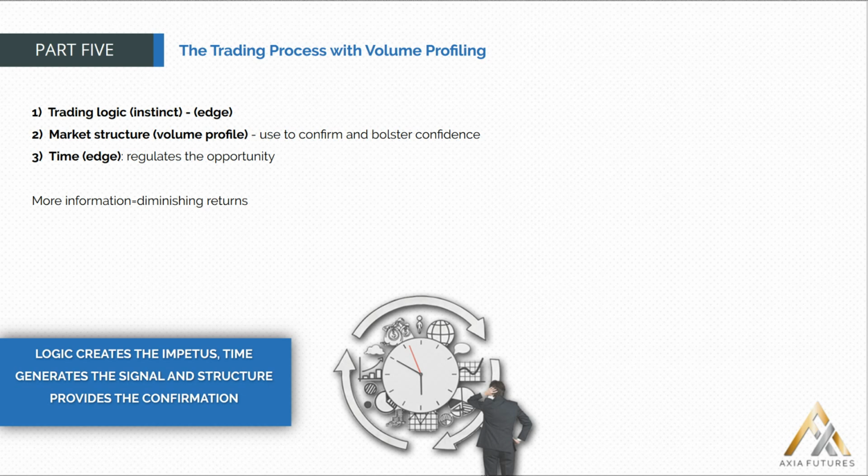However, if we know by logic that we should move higher and higher over the period of the day, when we start spending too much time within one little distribution, all of a sudden, time is telling us that the likelihood of a normal traditional trend day is diminishing. And that is how time regulates each one of the opportunities we take.